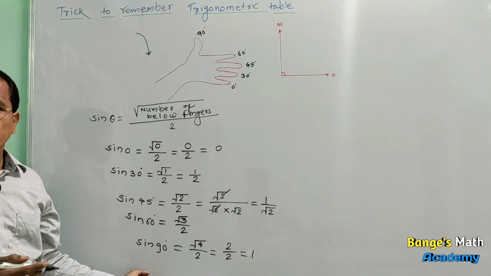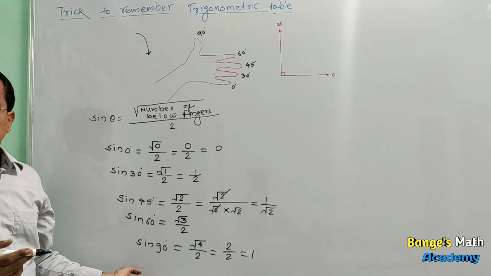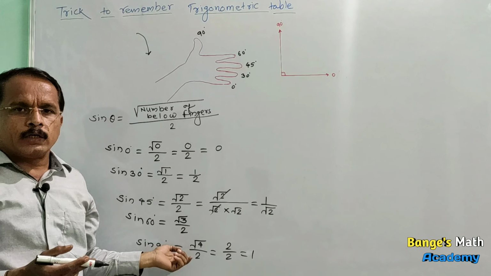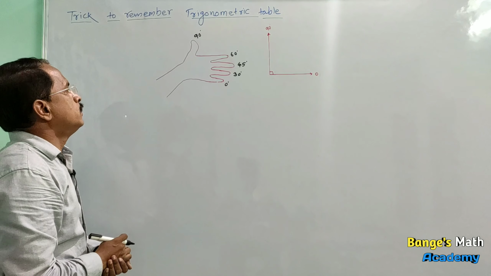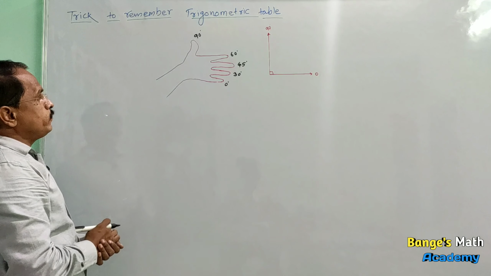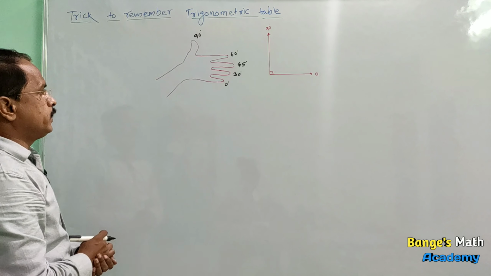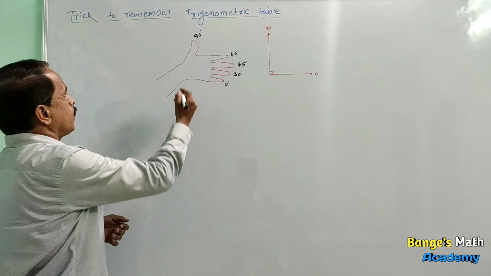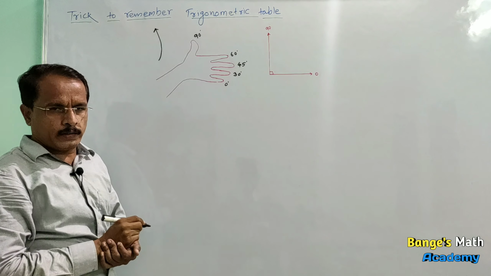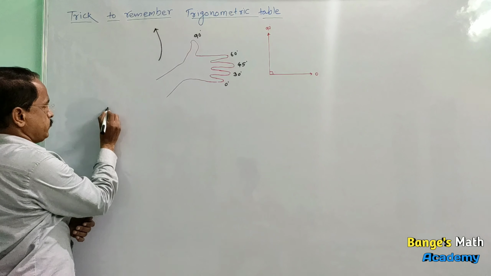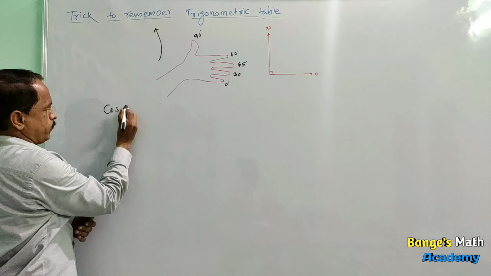From this we can find values of cosec theta by taking multiplicative inverse of sin theta. See, to find the values of cos theta, take the number of above fingers in anti-clockwise direction. So there is a simple trick to find cos theta.